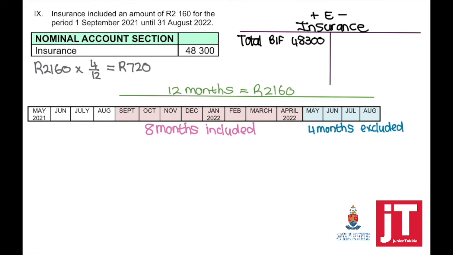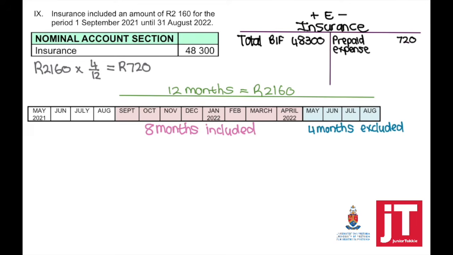To find out the amount that should be taken out, take 2,160 times 4 divided by 12. A common mistake: learners tend to use the 48,300. Please remember, it says included into that total is an insurance that we paid for 12 months.